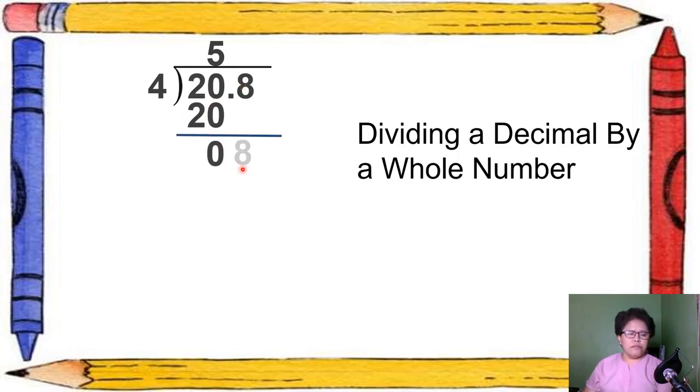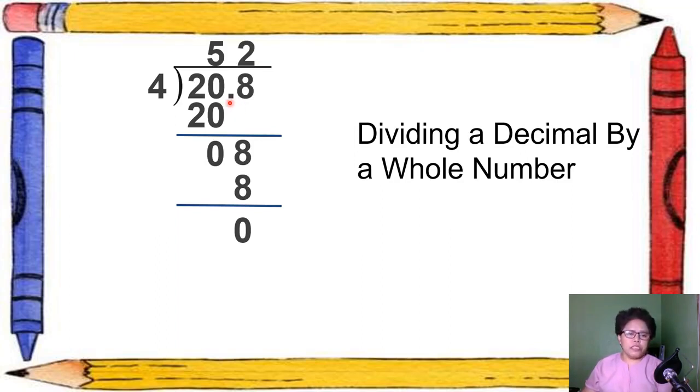Bring down 8. 8 divided by 4, that is 2. 2 times 4, that is 8. 8 minus 8, that is 0. Supposed to be bring down ulit, kaya lang wala na. Tapos na tayo. Pero since we are doing decimals, okay?